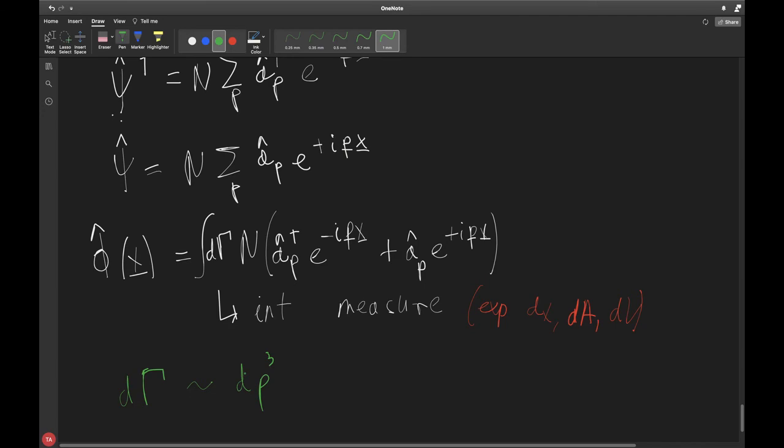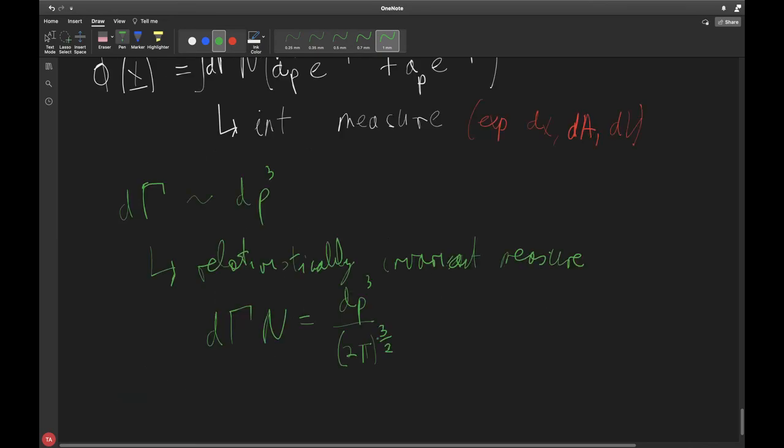So the d gamma together with the normalization is going to be d cubed p divided by 2 pi to the power of 3 over 2. So we take the 3 over 2 power of 2 pi, which again is just a convenience factor for some later usage.